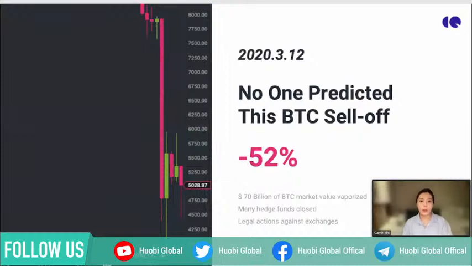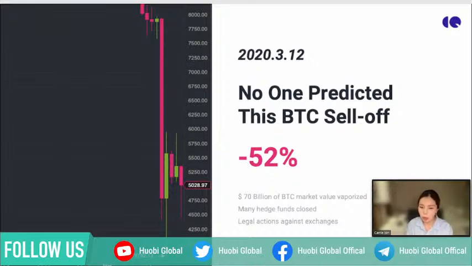In 2020, on March 12th, do you guys remember there was a huge drop? The price dropped by 52% that day. That was huge, and many of the hedge funds were closed, and legal actions were happening against exchanges because of this drop.